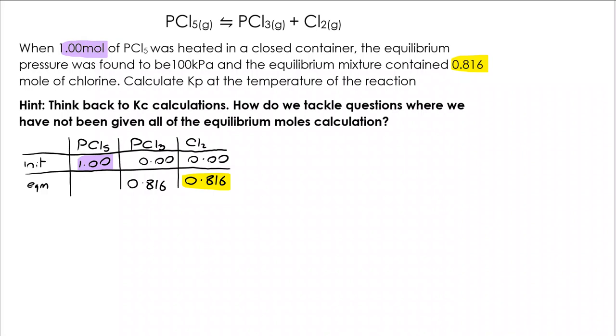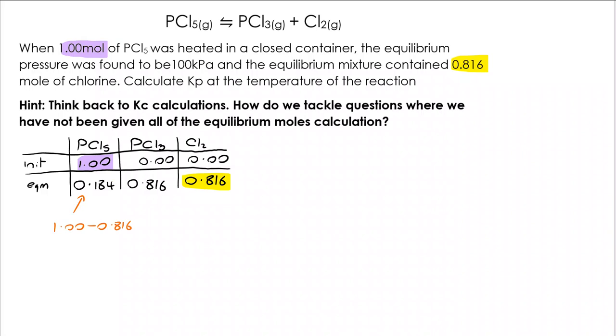So 1 mole of PCl5 makes 1 mole of PCl3. Therefore, to make 0.816 moles of PCl3, I would have used 0.816 moles of PCl5. So my equilibrium moles is what's left. 1 take away 0.816, giving us a value of 0.184.